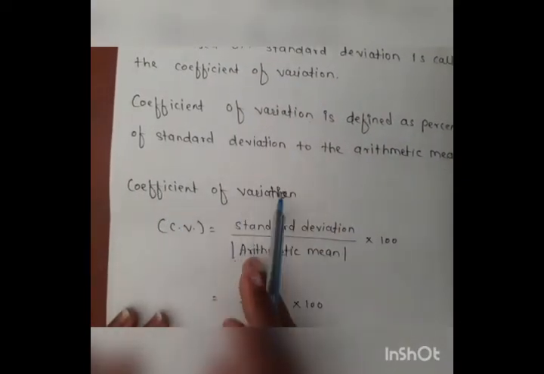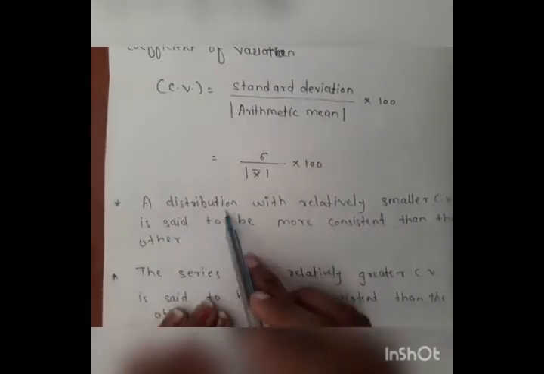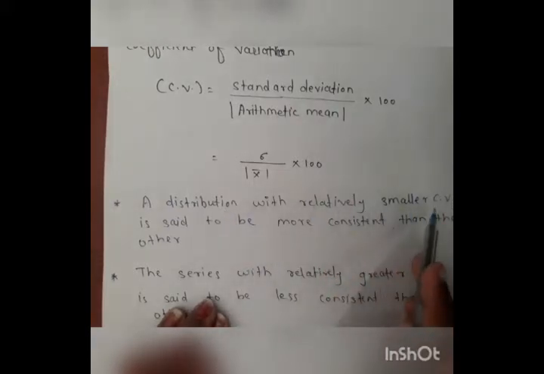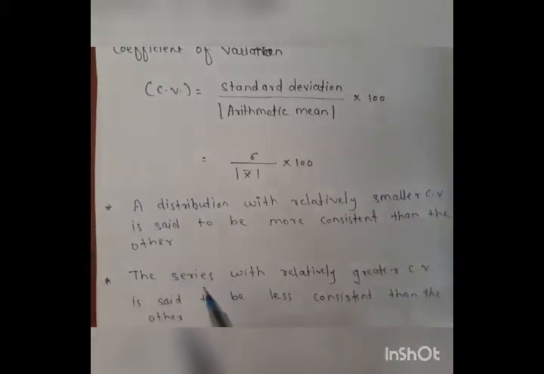So coefficient of variation, denoted by CV, is equal to standard deviation divided by mod of arithmetic mean into 100, which is equal to sigma upon mod x bar into 100. Note: a distribution with relatively smaller CV is said to be more consistent than the other.